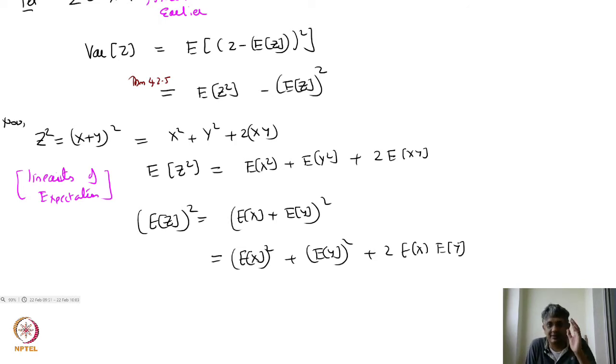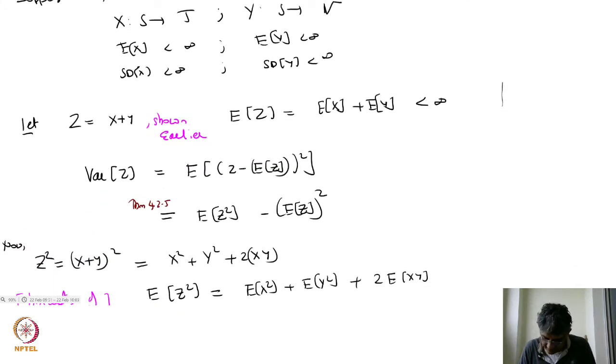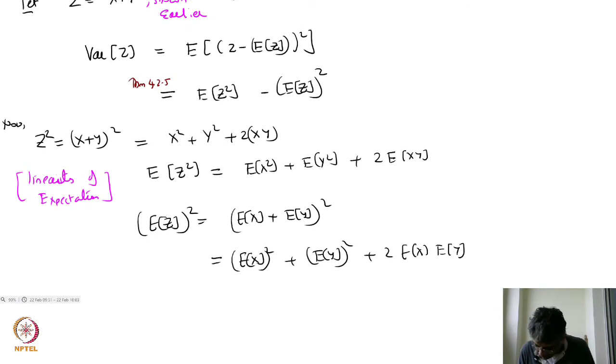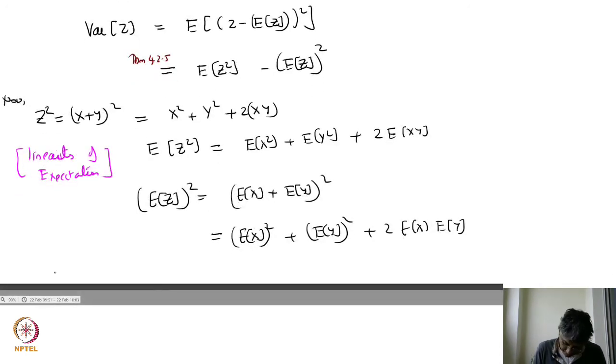Very good. Everything is finite, so I can do this whole calculation, because I assume that E of x is finite, E of y is finite, and SD is finite. So the only thing I do not know is E of xy, how it behaves, but modulo that, all other numbers I'm adding are finite.